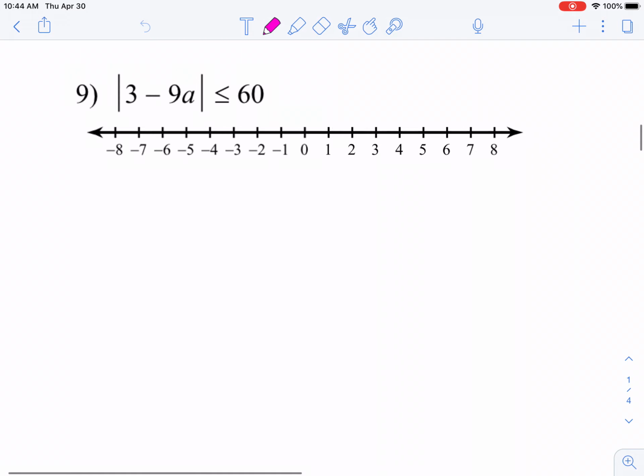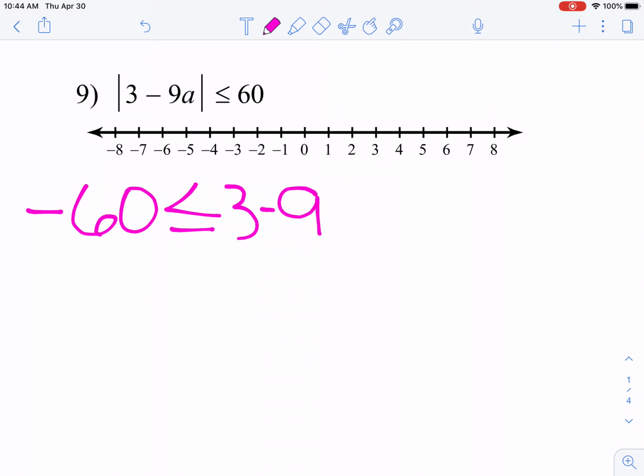Okay, so number 9 says the absolute value of 3 minus 9a is less than or equal to 60. So we're first going to set it up so that we know that it's going to be between negative 60 and positive 60. Okay, so our first step would be to subtract the 3.